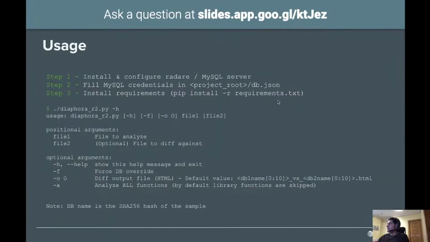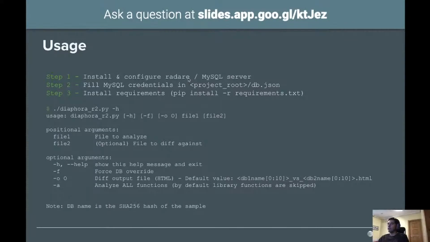So how do you use it? As this fork of the code uses MySQL and Radare, you need those installed on your machine. Radare you need to install locally, and then the MySQL server can be remote or local.